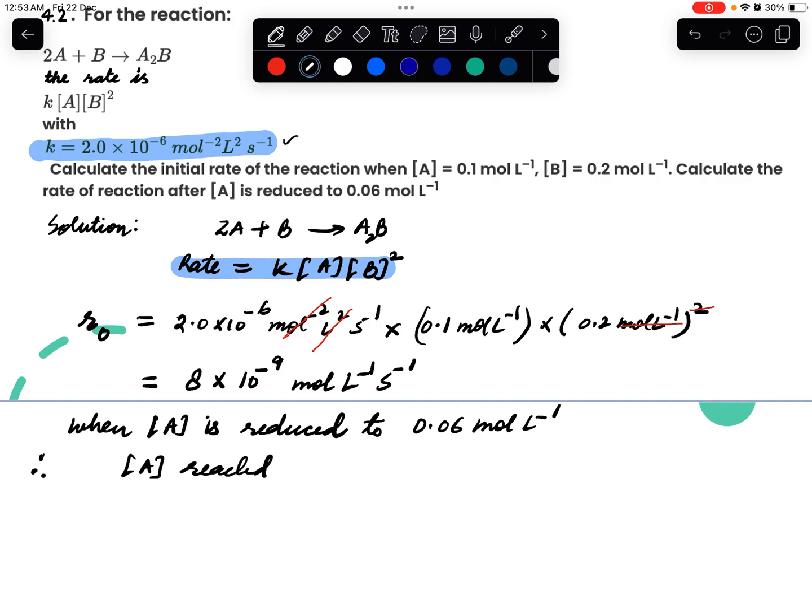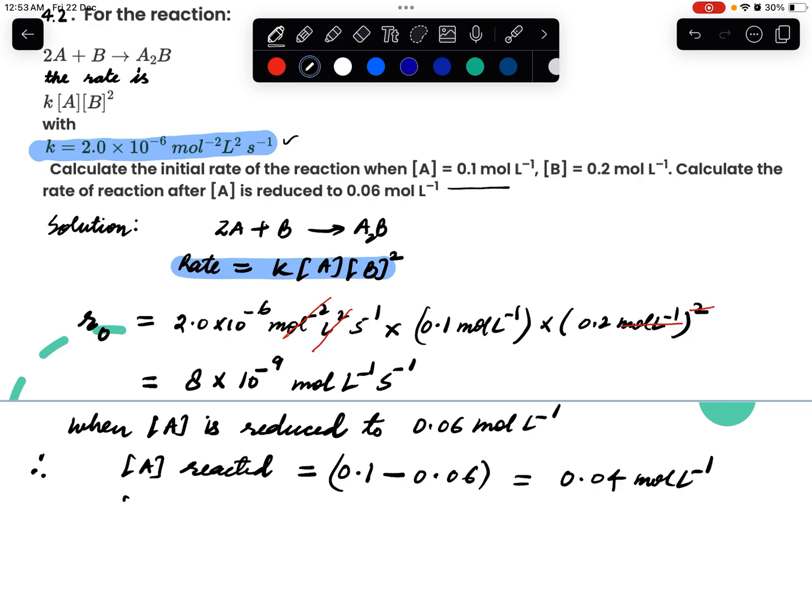The original amount of A is 0.1, and the amount left is 0.06. So the amount of A reacted will be 0.04 moles per liter.